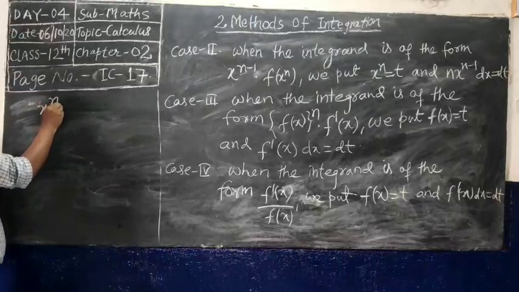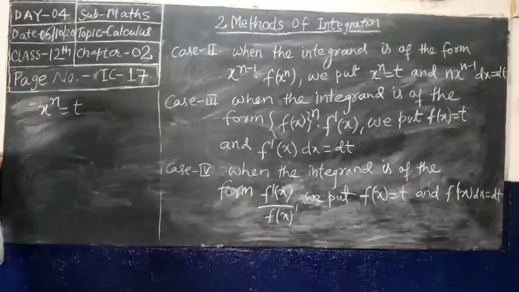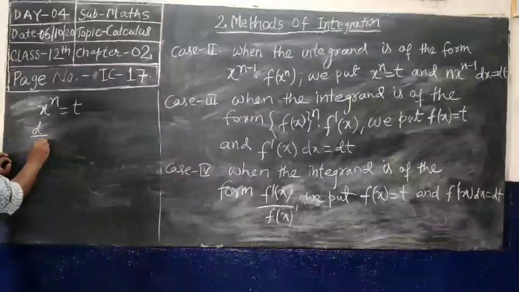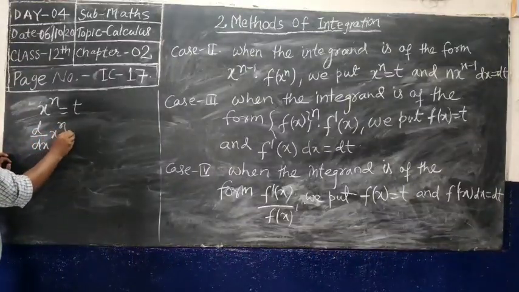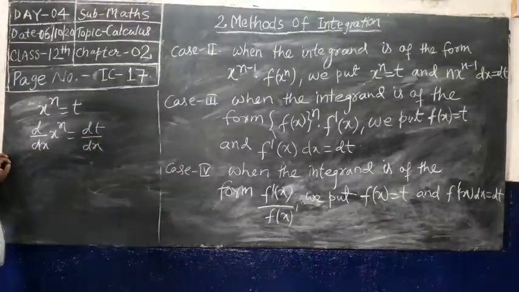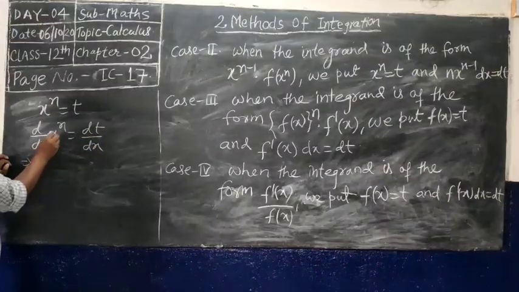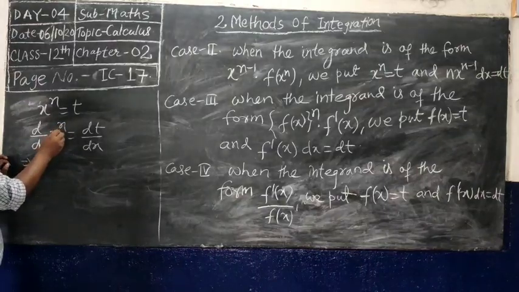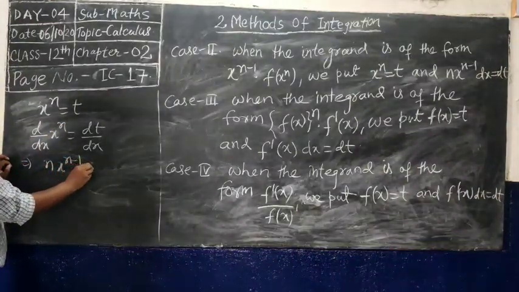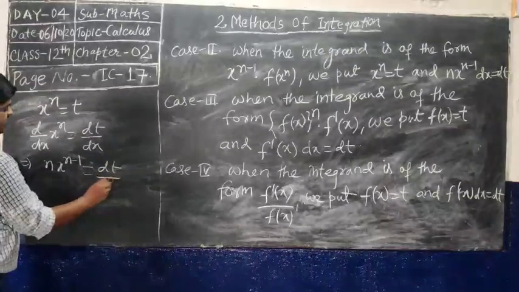Let x to the power n is equal to t, then you will find the first derivative of x to the power n, then it becomes dt by dx. Now you know x to the power n becomes n x to the power n minus 1 is equal to dt by dx.